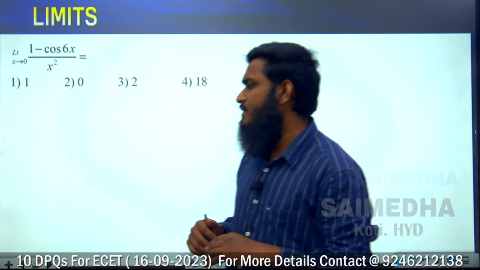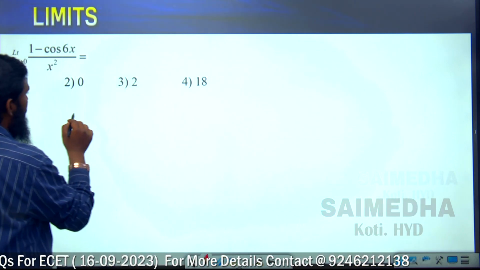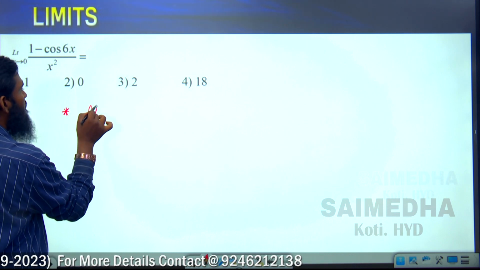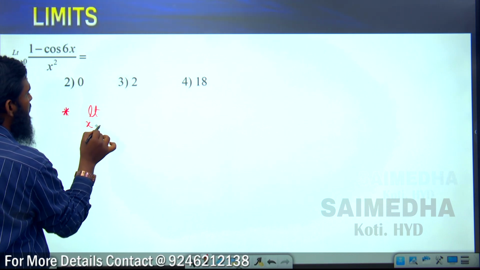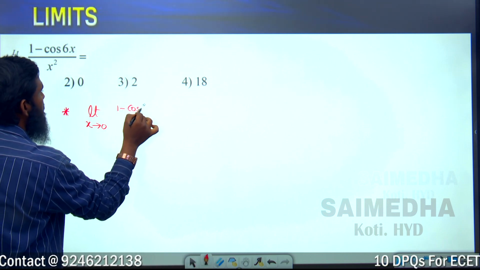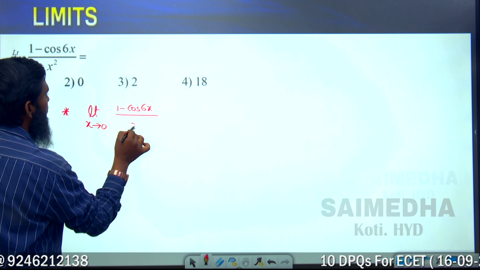Now let us see this question. I will tell you an important shortcut that you can apply for all questions when you get an indeterminate form. Limit x tends to 0, (1 minus cos 6x) divided by x square.